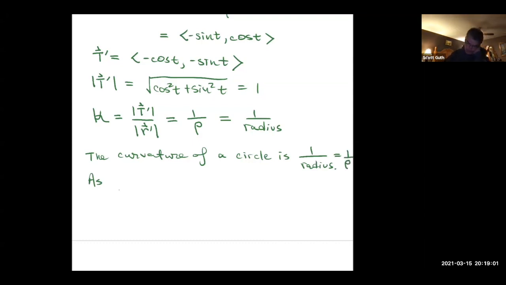So as rho goes to 0, we see kappa goes to infinity. It's sort of like the curvature of a point, because a circle becomes a point when the radius goes to 0. And so it's just becoming a really sharp turn, and effectively when it becomes a point, then the curvature is infinite.